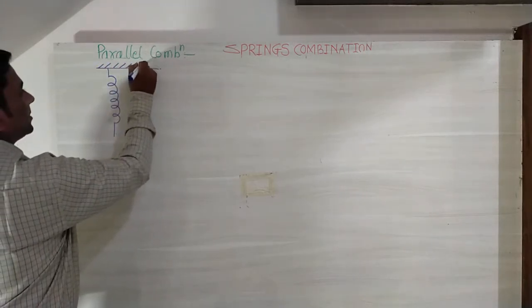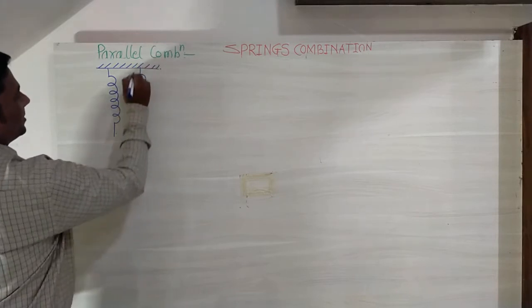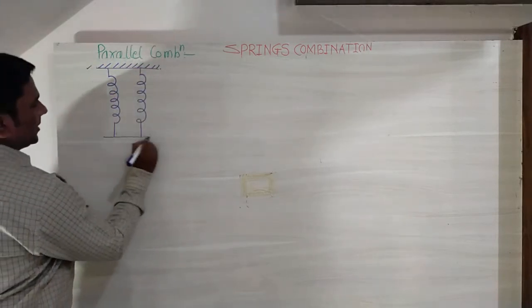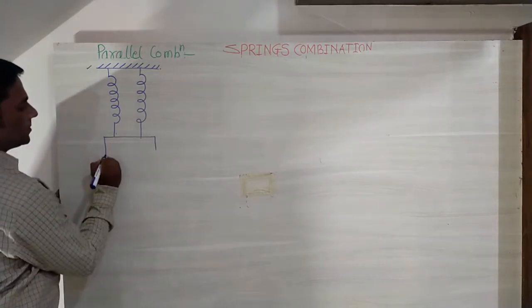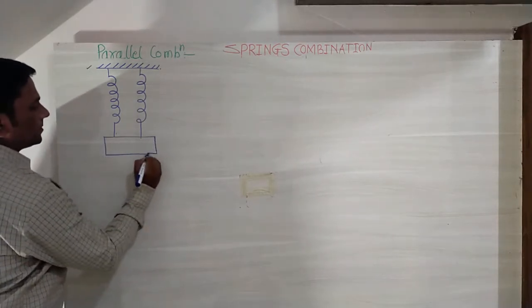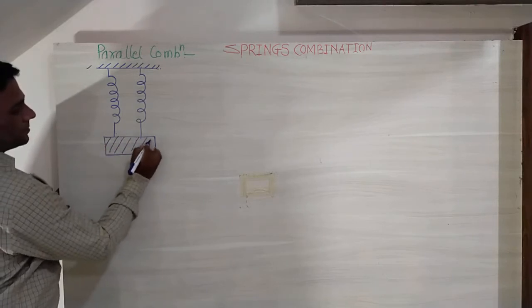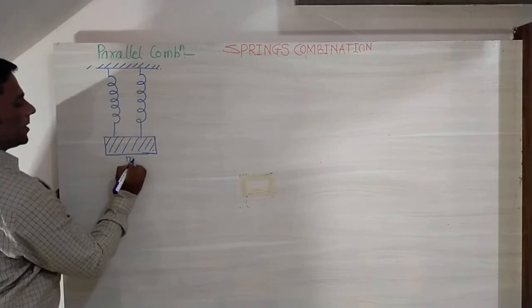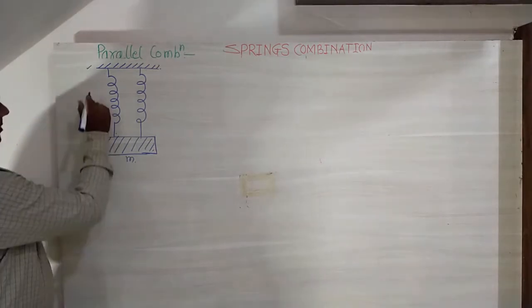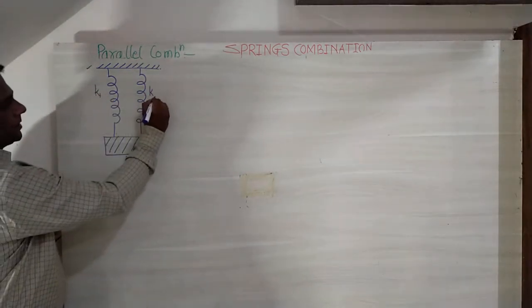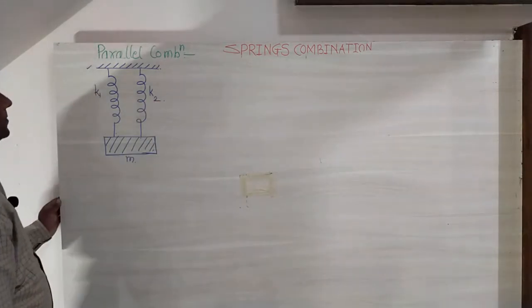At one end they attach to a common rigid support and at the other end attach a block which has mass m. First spring has force constant K1 and the second spring has force constant K2.